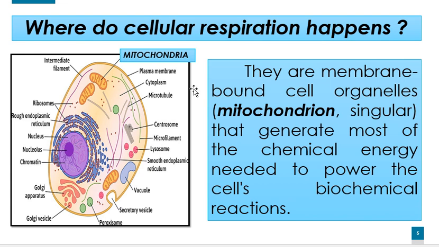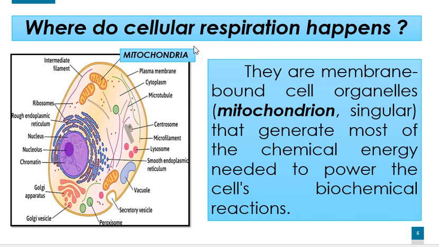So what are mitochondria? They are membrane-bound cell organelles. They have a covering or membrane. Again, if we refer to only one or singular, that is mitochondrion, but if plural, mitochondria. Their function is to generate or produce most of the chemical energy needed to power the cell's biochemical reactions.